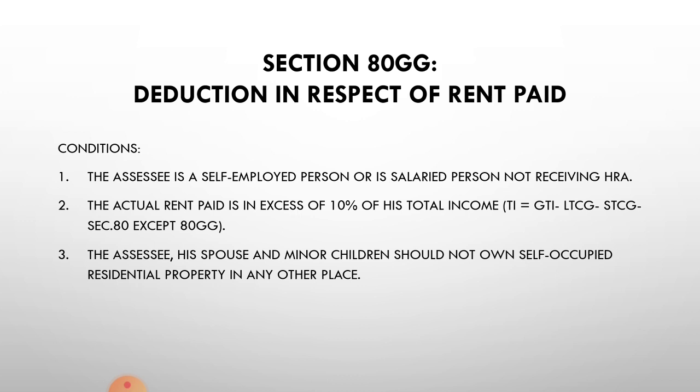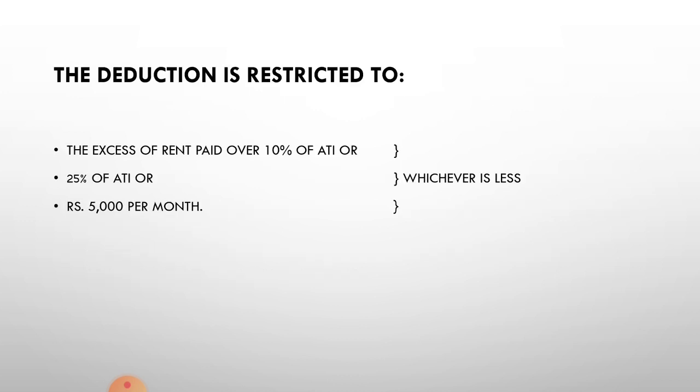Not only him, his spouse and minor children also should not own any house property in any area. Then only he can claim deduction under section 80GG. Mainly this section relates to rent payment, and the assessee should not own his own house property to claim deduction under this section. So, there are some restrictions to claim deduction under this section.